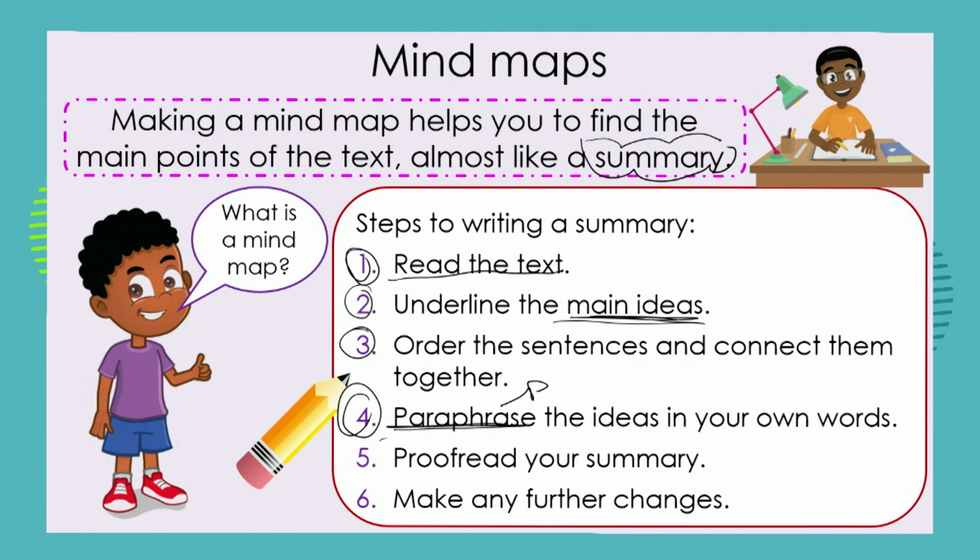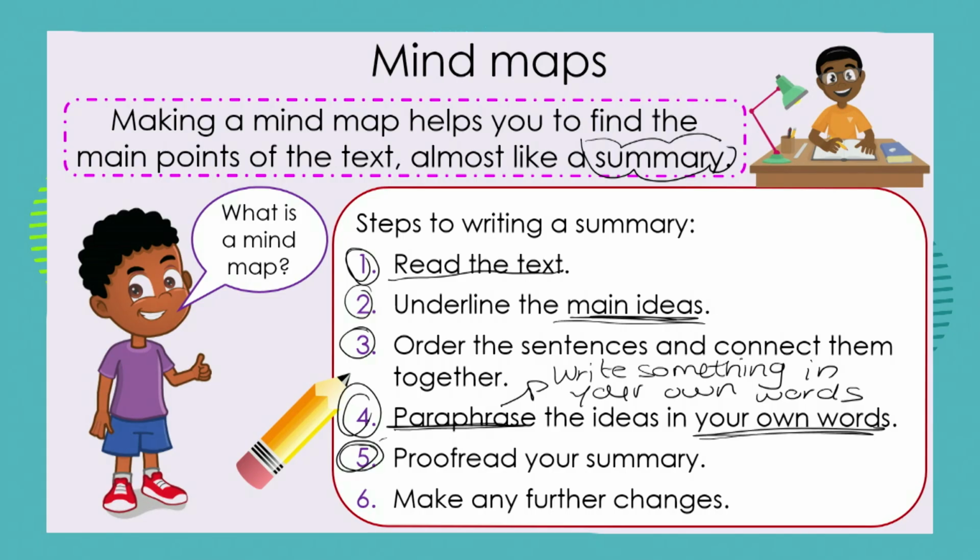It means basically to write something in your own words. Okay, so that's what we mean by paraphrasing, grade 4s, and we need to paraphrase the ideas in our own words. Okay, finally we need to proofread our summary and make any further changes.